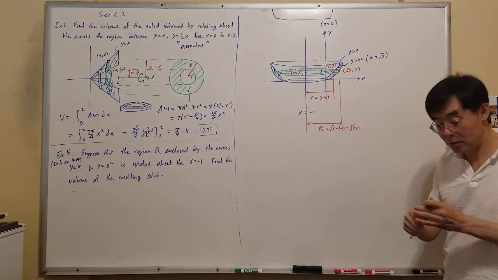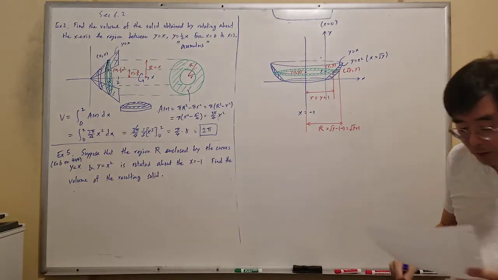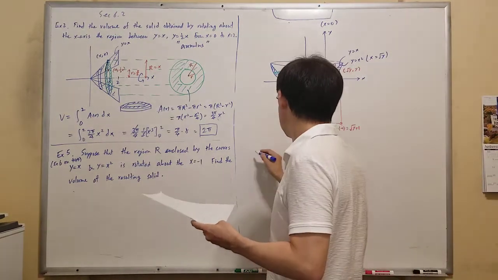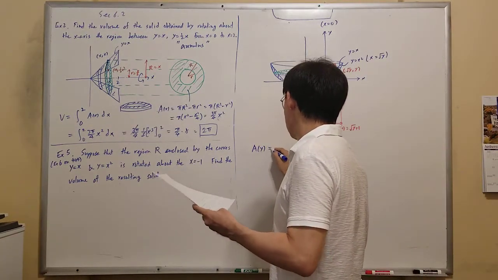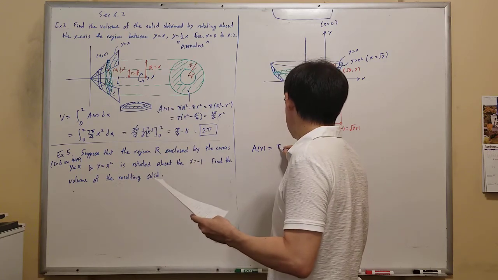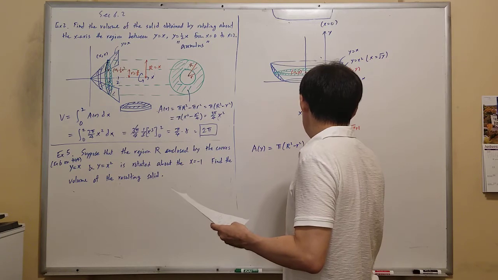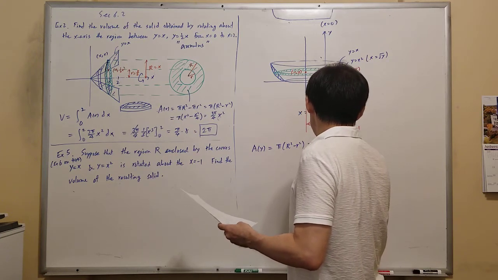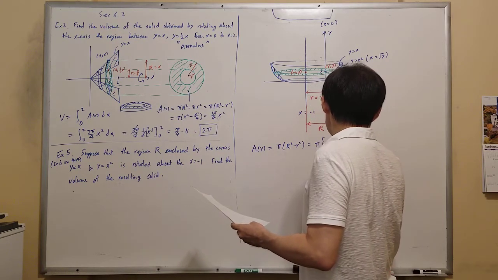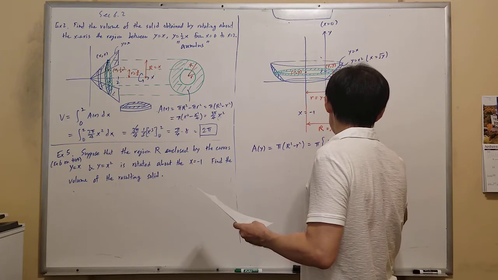So your cross-sectional area is pi times capital R squared minus small r squared, which is square root of y plus 1 squared minus y plus 1 squared.